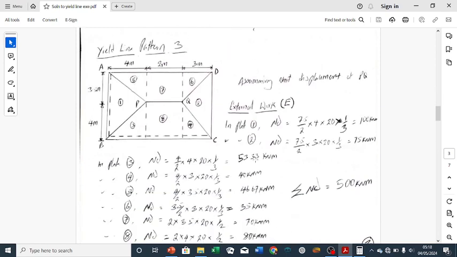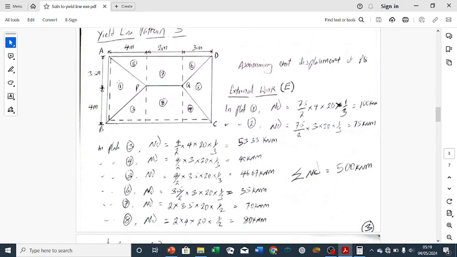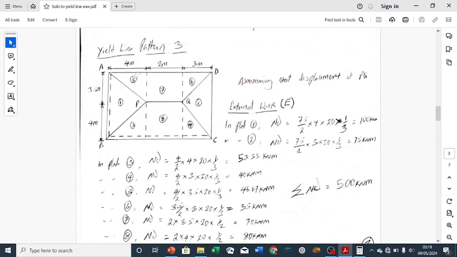This is the third yield line pattern and is still similar. The only difference is this place you have 4. This middle one, instead of 1.5, you have 2 meters. Now it's always left for you to assume your yield line pattern. And so this yield line pattern was assumed.